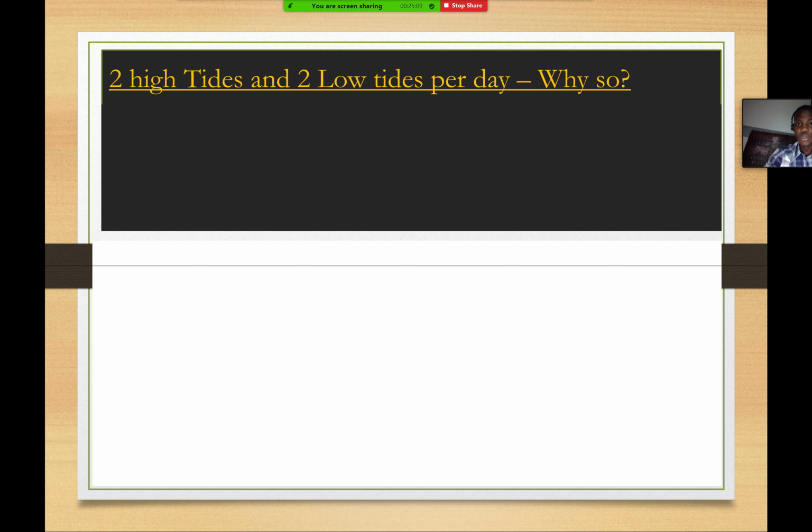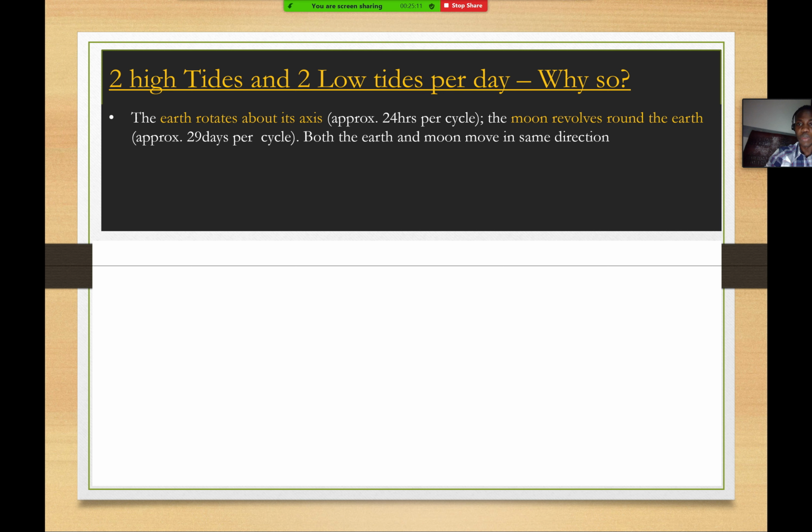Okay. So, first thing to note, or first thing to refresh our minds, is that the Earth rotates about its axis, making one complete rotation every 24 hours.